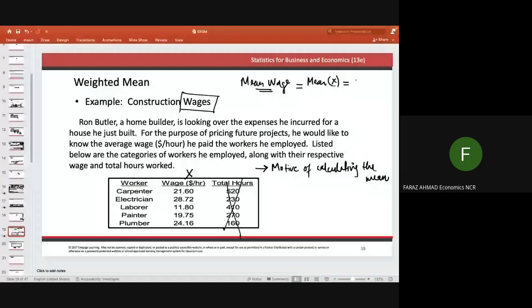So basically I'm calculating mean wage, or I'm calculating mean of X. And this is going to be sum of X divided by 5 because there are 5 X's here. 1, 2, 3, 4, 5.